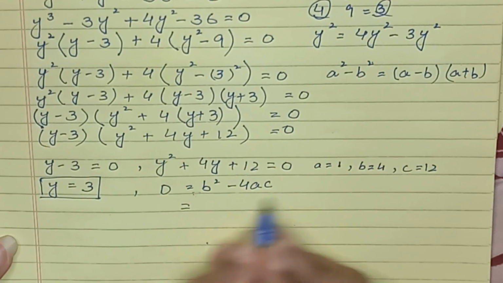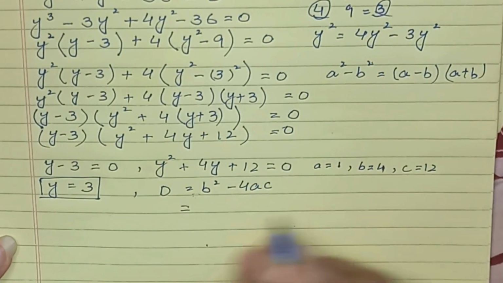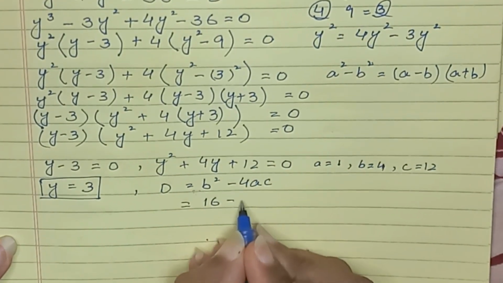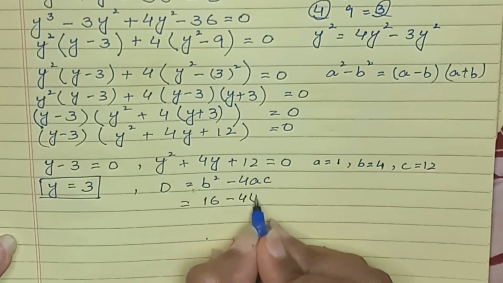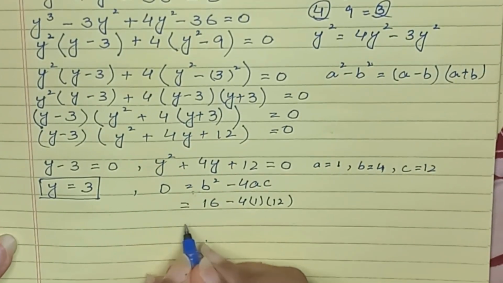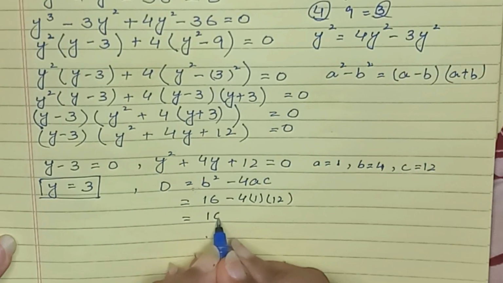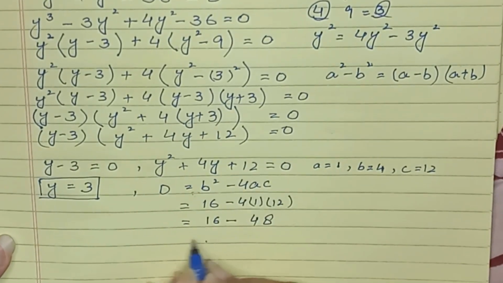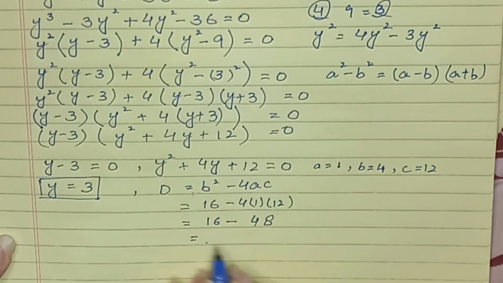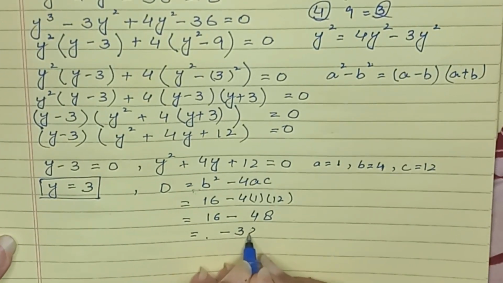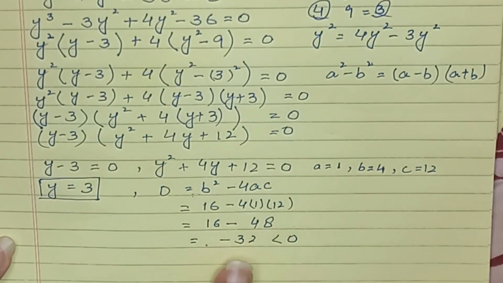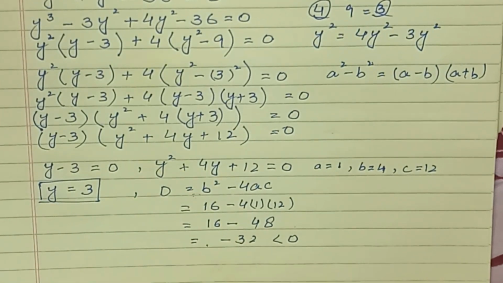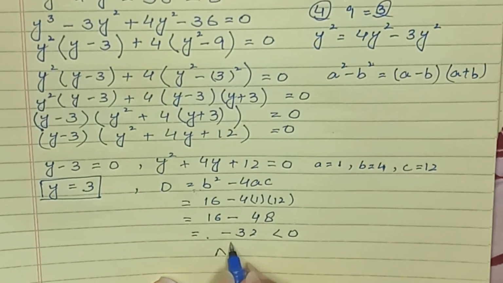So b squared is 16 minus 4 into 12, which is 48, and it is equal to minus 32, which is less than 0 and negative, so it has no real solution.